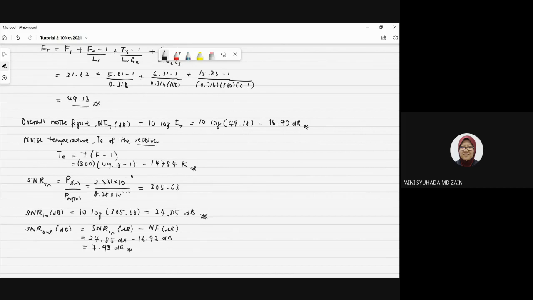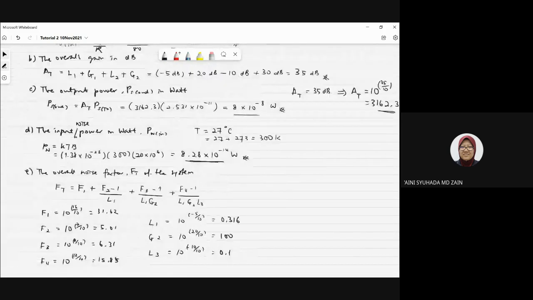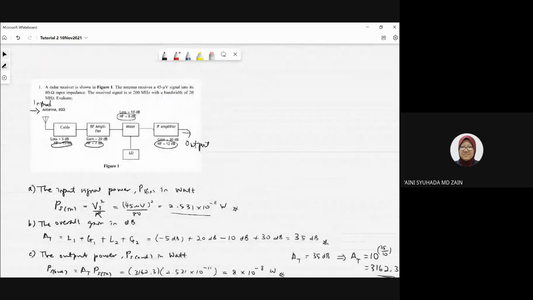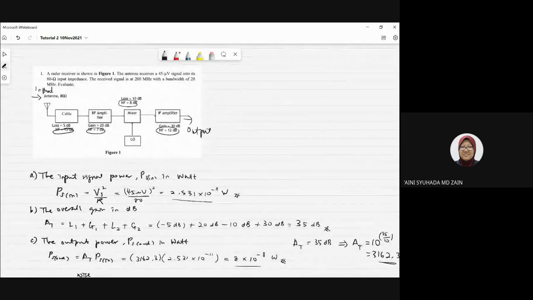So basically this one question covers all the noise analysis. So any question so far? Basically a lot of information that you can calculate based on the given receiver system.